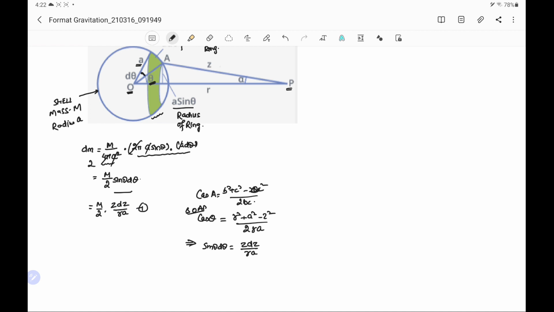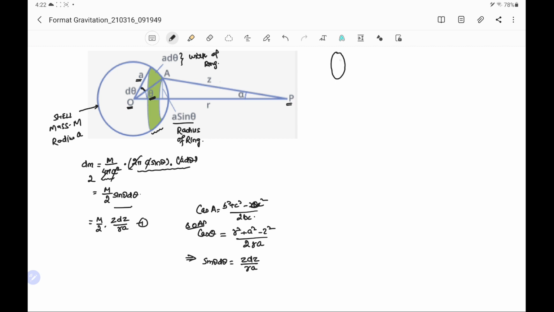Now, due to this elementary mass, we have to find the elementary field. The field due to a ring with mass m and radius a at a point P, which is at a distance r, is given as E equal to G m by z square into cos alpha.